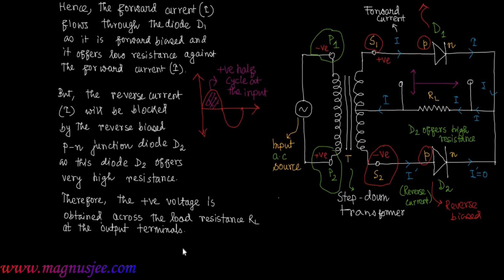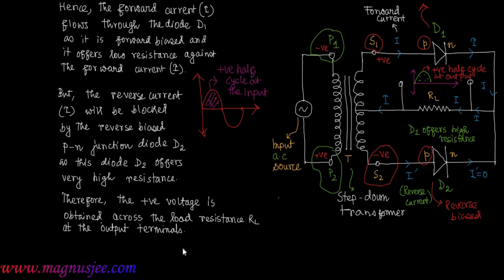And at the output, or across the load resistance RL, this will be again a positive half cycle. That means due to the positive half cycle at the input, what is obtained? A positive half cycle at the output. And this is also a positive half cycle at the output terminals.